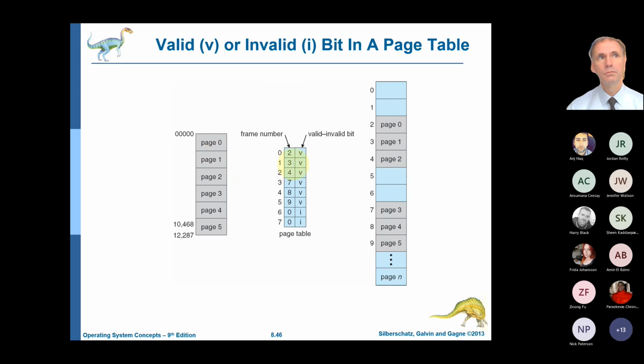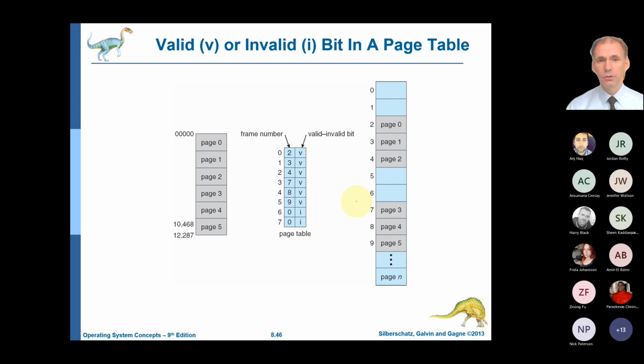Page 1, 3, that's valid. Page 2, 4, that's there, that's valid. Page 3, 7, yep, that's there, that's valid. Page 6 doesn't exist for this process. So if anything asks for that, we know that there's a problem, it's invalid. So we don't even bother trying to link it somewhere. We just say, no, that's not valid for this one.